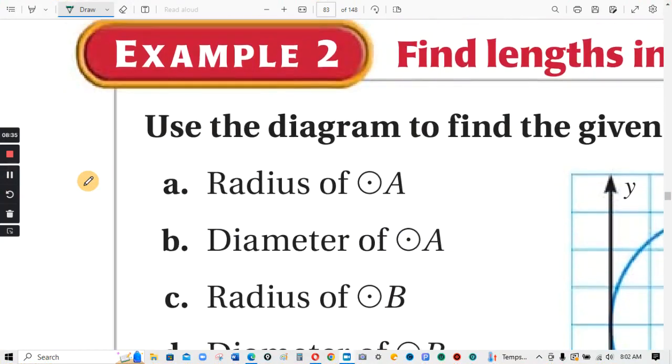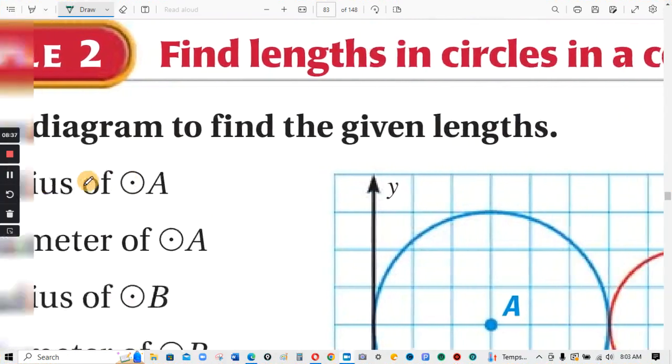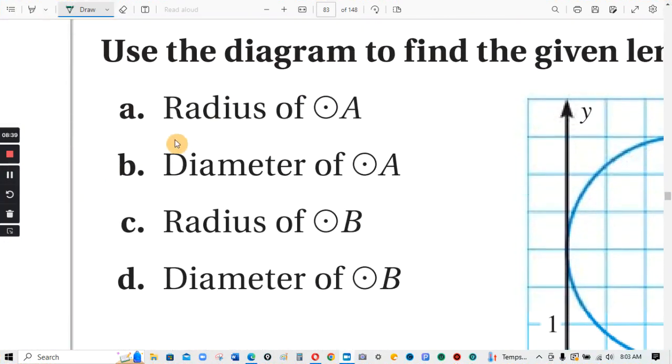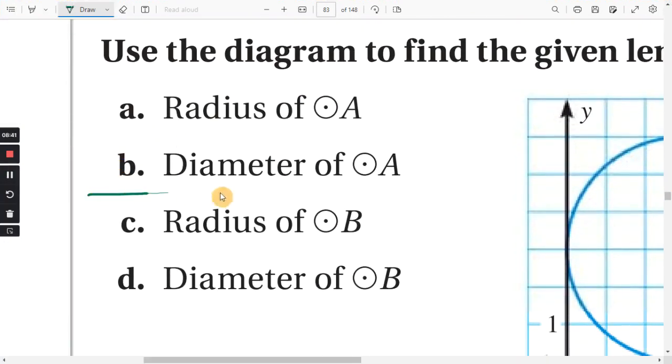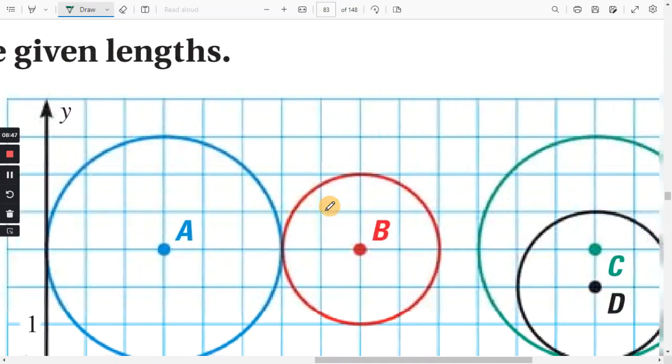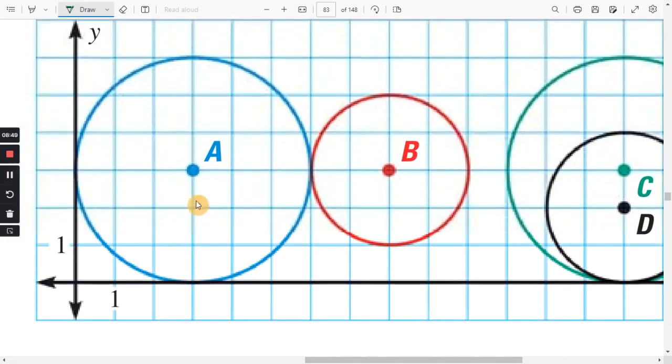All right, example 2, use the diagram to find the given lengths. So let's see if we can find the radius and diameter of circle A. Let's take a look. Okay, so it's very easy. The radius just goes from the center to the circle itself.